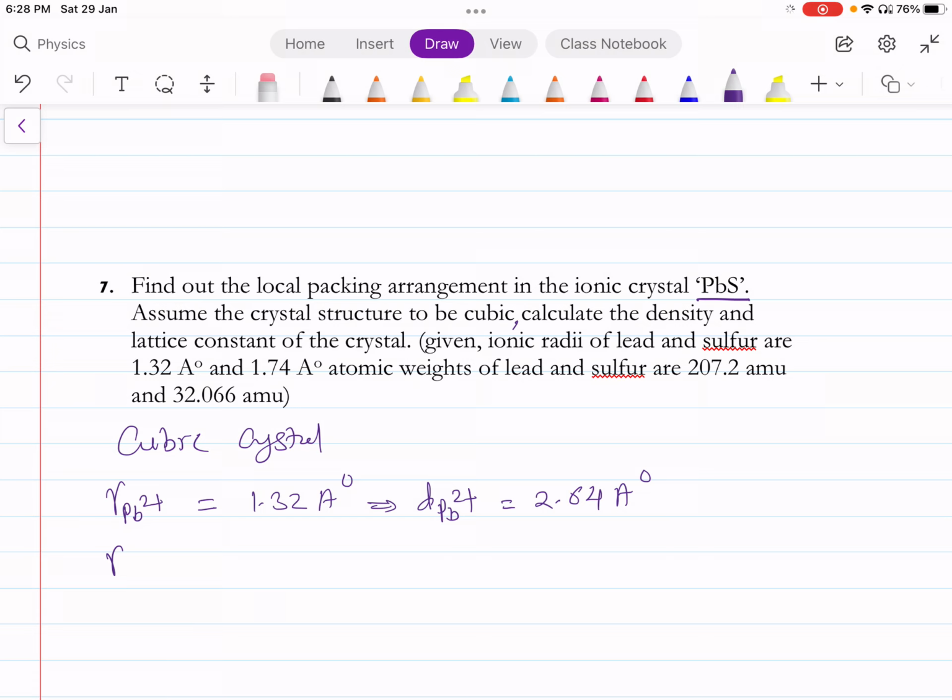Similarly, radius of sulfur is given, which is equal to 1.74 angstrom, and so the diameter of sulfur is equal to 3.48 angstrom.